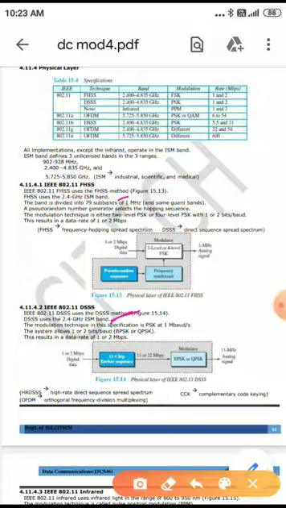Next, the modulation technique in this specification is PSK at 1 megabaud per second.